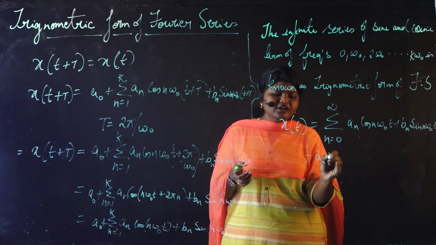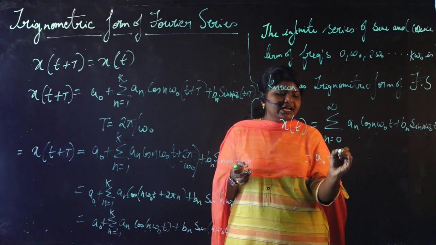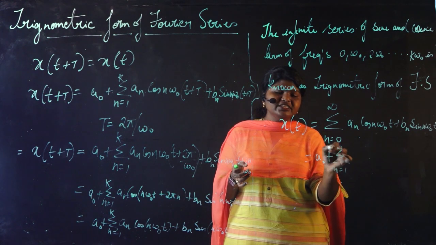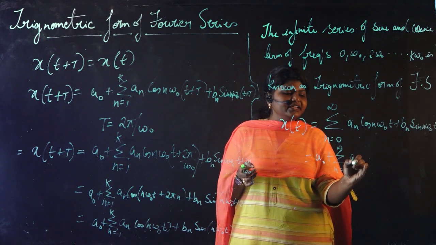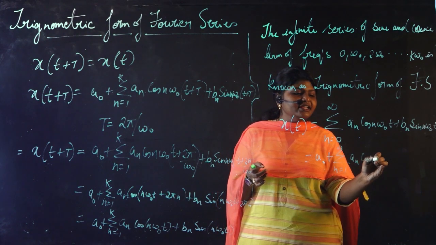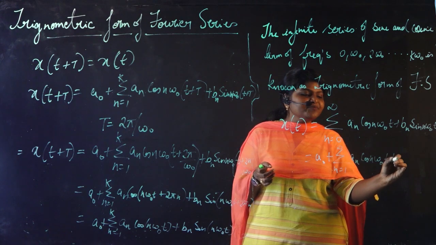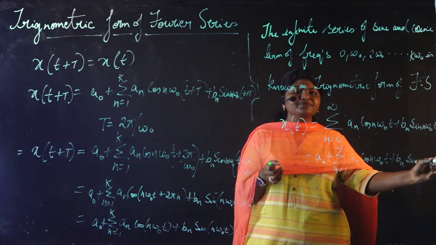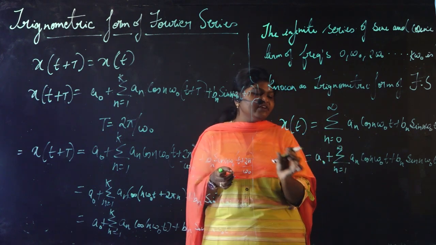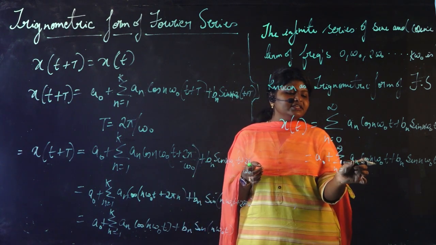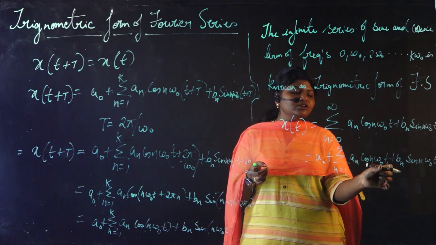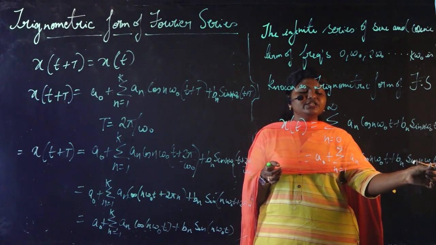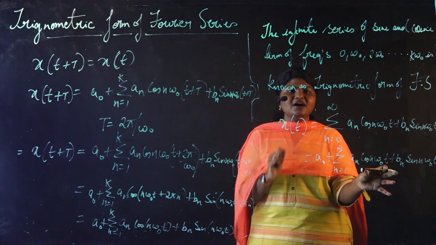Okay, a₀ plus, I can simply write Σ (n=1 to infinity) aₙ cos(nω₀t) + bₙ sin(nω₀t). After substituting the values, if n equals 1, a₁ cos(ω₀t) + b₁ sin(ω₀t), that will be the first harmonic.